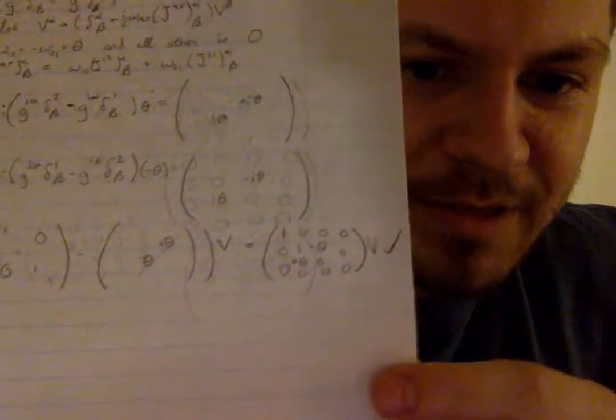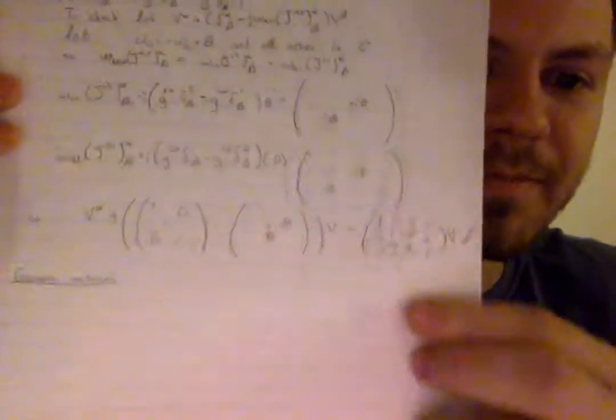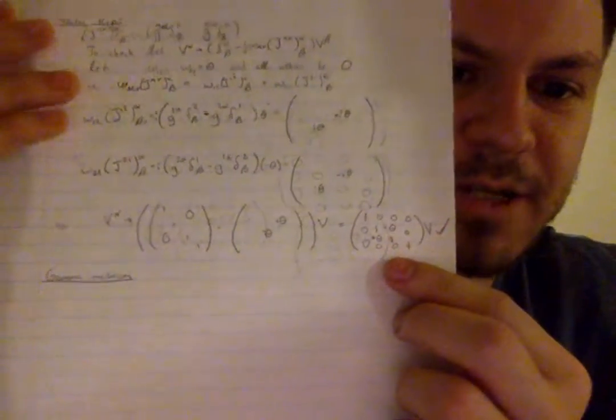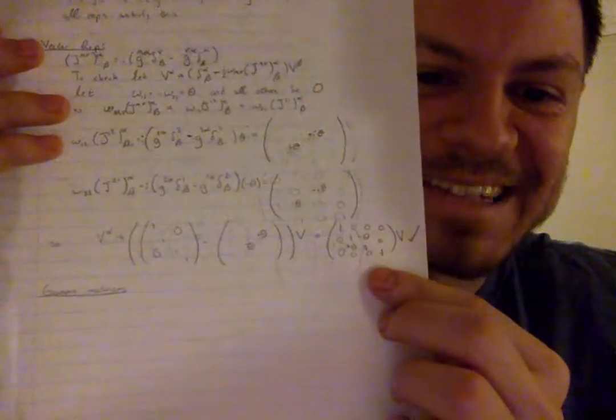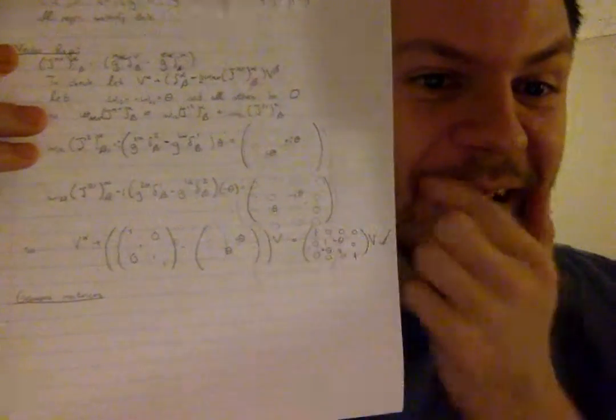And this is the infinitesimal, oops, I did not even write that correctly. This is an infinitesimal rotation around the z-axis. And this might look familiar.